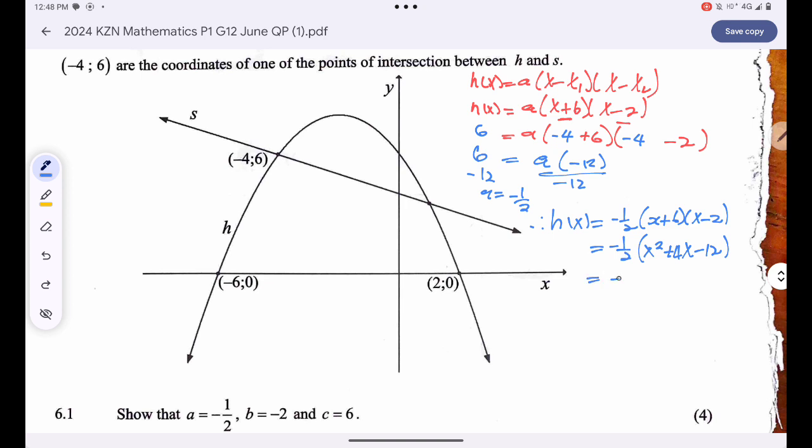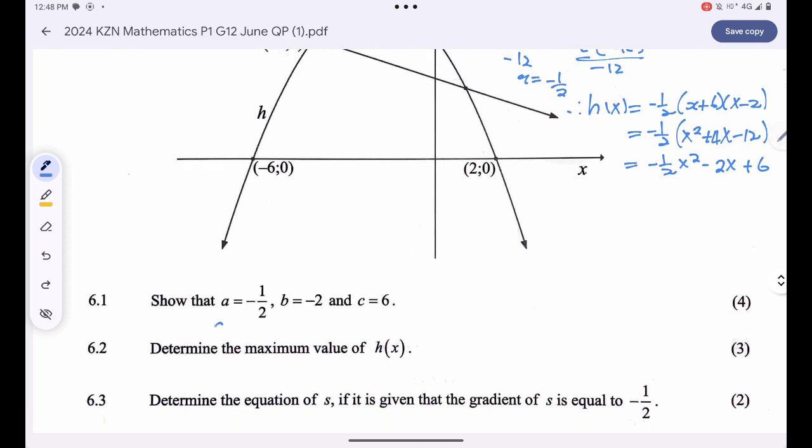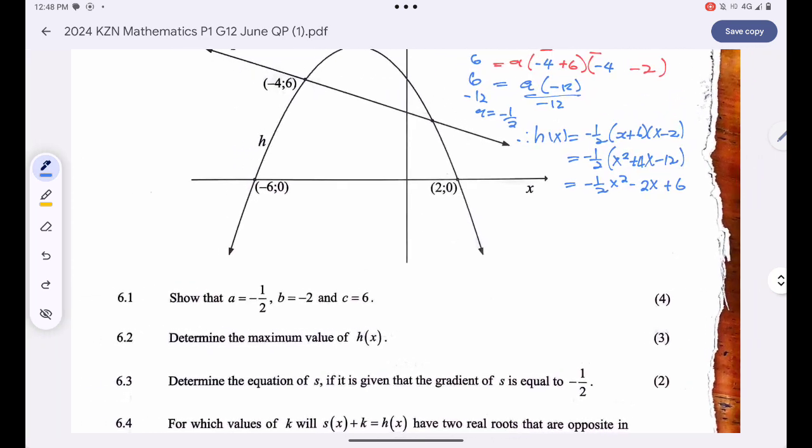You'll simply get -½x² - 2x + 6. And then I've shown that a is equal to -½, b is equal to -2, and c is equal to 6.